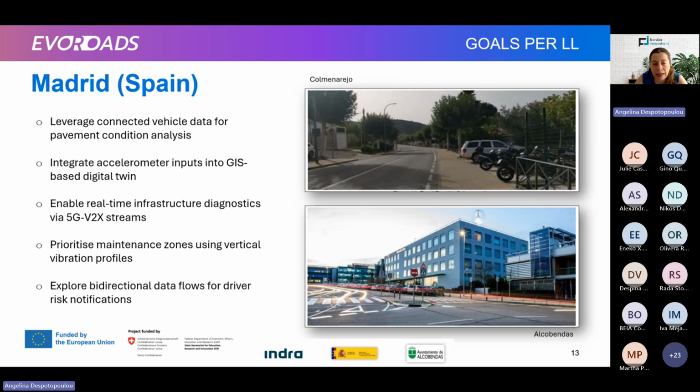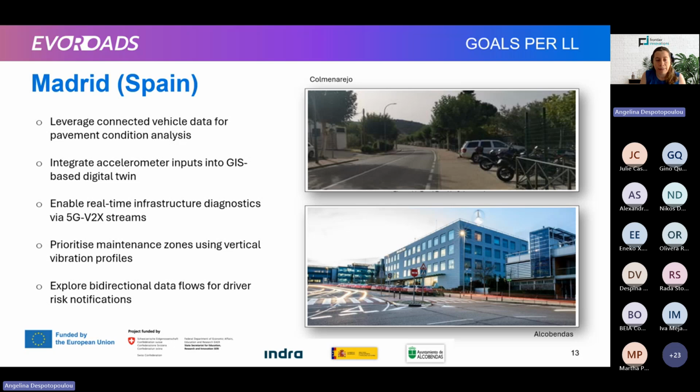They will integrate an accelerometer in their environments, and they will be understanding that if multiple vehicles always slow down at a particular place on the street, we can understand that the pavement or the infrastructure has some damage there. This is what the slide means with that.